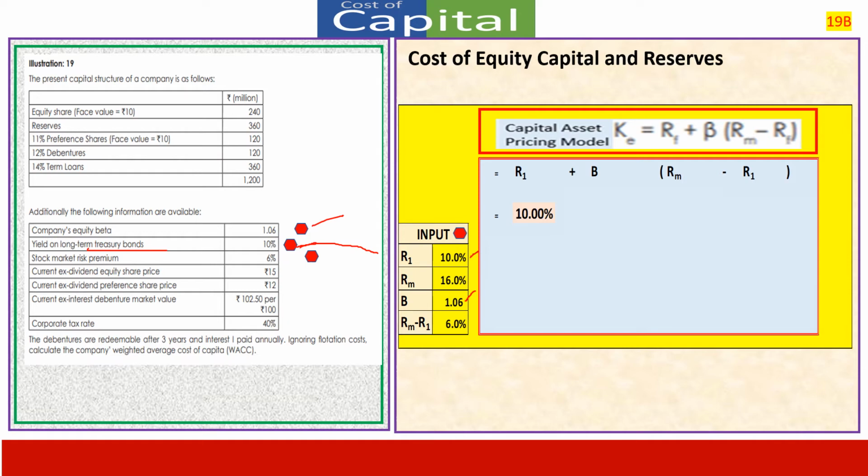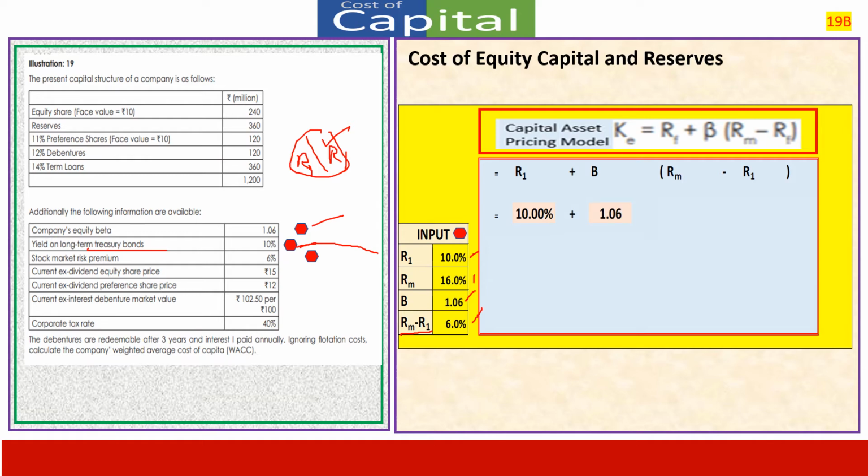And what is Rm? Rm is stock market risk premium. Stock market risk premium is nothing but Rm minus R1. In the circle, one portion goes for R1 and the balance is risk pertaining. This is free of risk. This is with risk. Rm minus R1 is given as 6%. Therefore, 10 plus 6, Rm total is equal to 16. We are given these details.